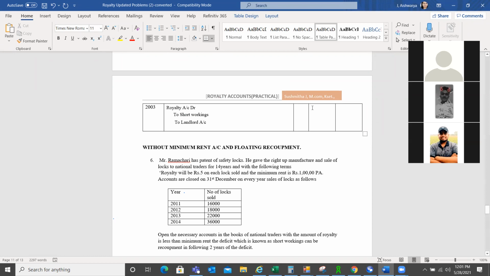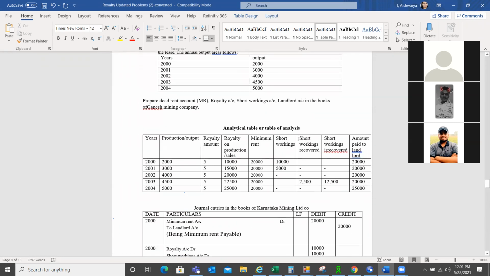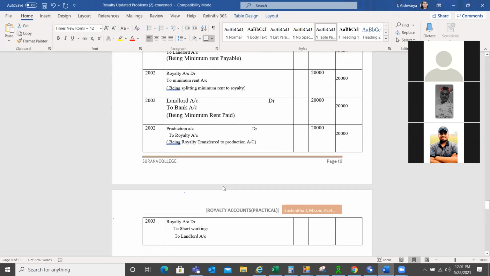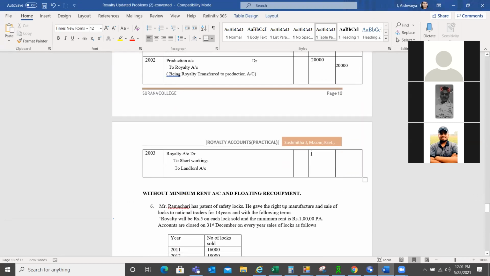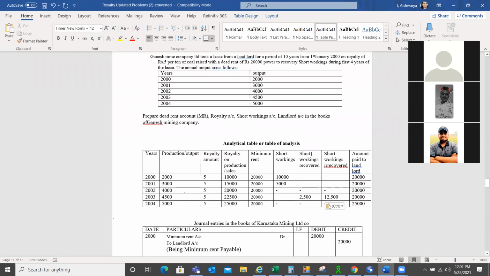So how much do we have to write as royalty? How much is the royalty in 2003? 22,500. Yes, 22,500 is our royalty. And how much have we recovered of our loss? 2,500.